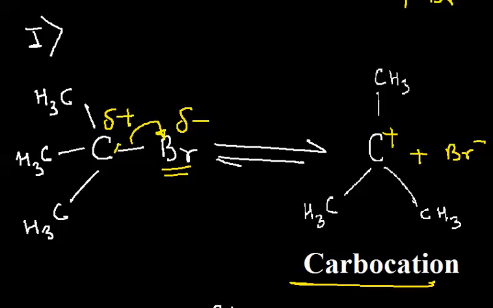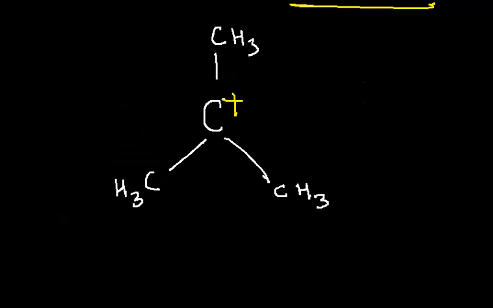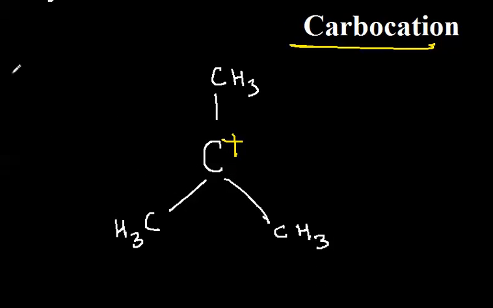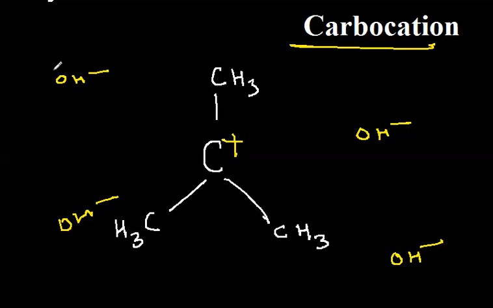In the second step, let's consider this carbocation here, and you have these nucleophiles present all over the solution. There are many of them, and you can easily imagine what is going to happen in step number 2.